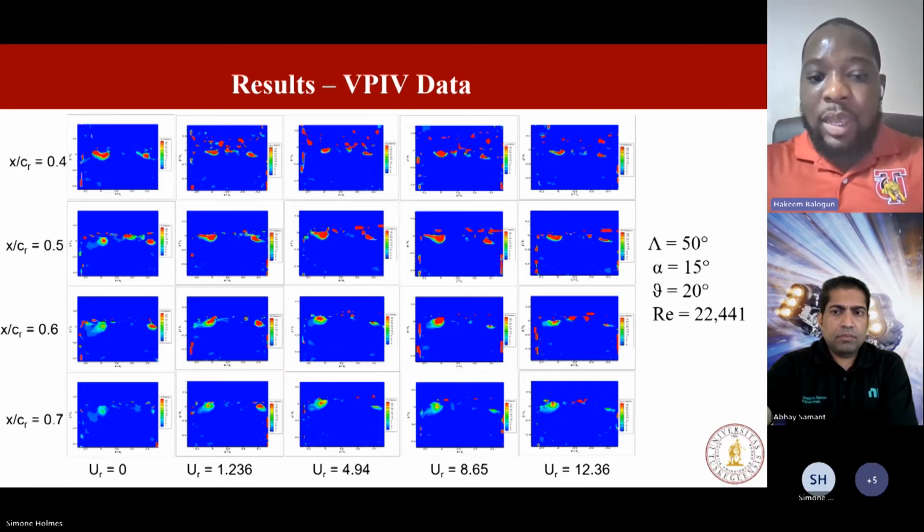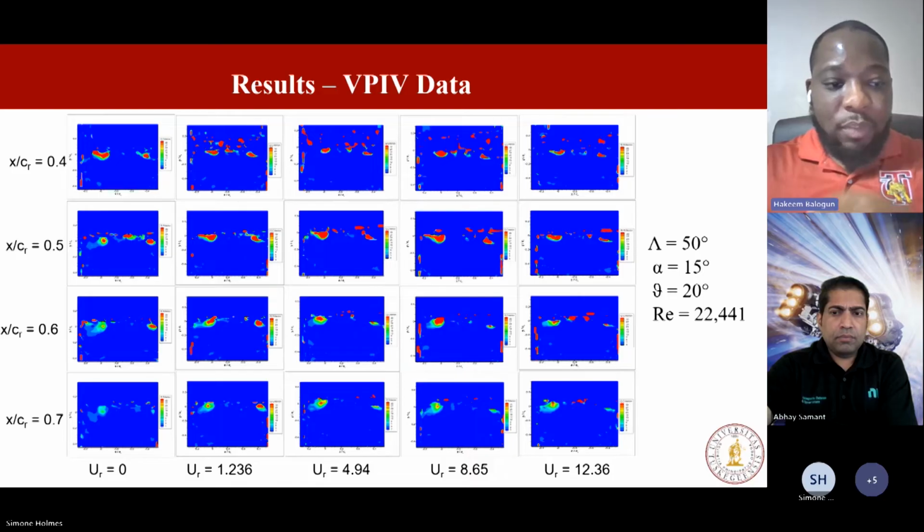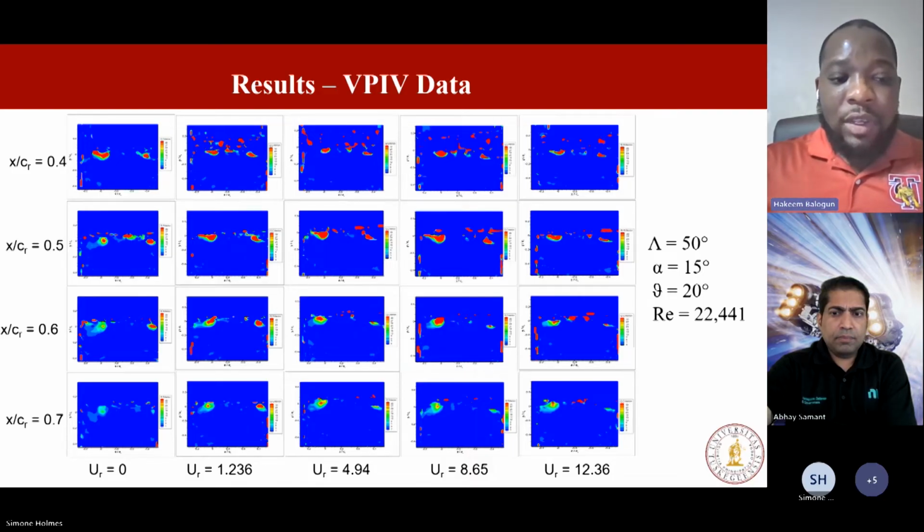And by X over CR 0.7, the residual vortical structures have almost completely diffused into the flow field.